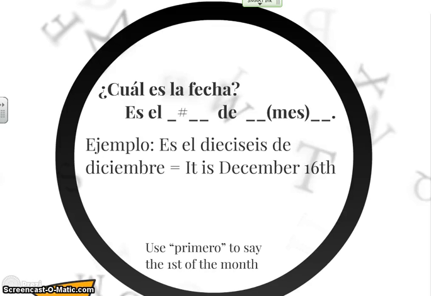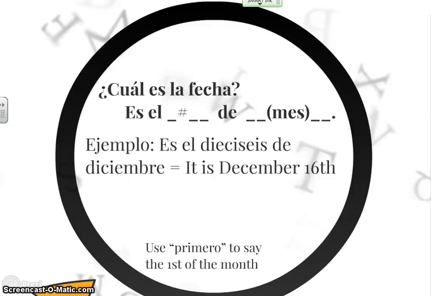If I want to ask what the date is today, I would ask the question, ¿Cuál es la fecha? Or ¿Cuál es la fecha de hoy? And one thing to note is that Spanish speakers don't use the same date writing system as we do here in the U.S. If you're responding to the question, ¿Cuál es la fecha?, you use this form here.